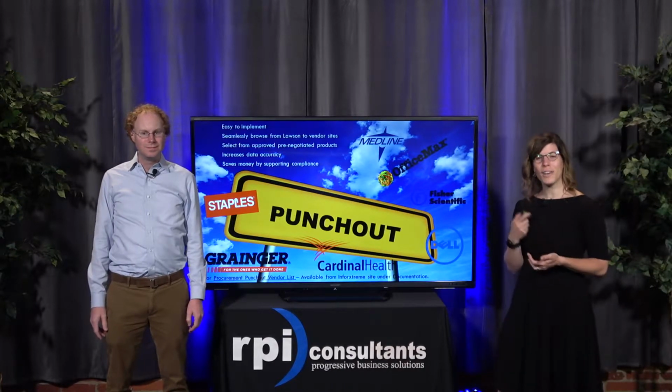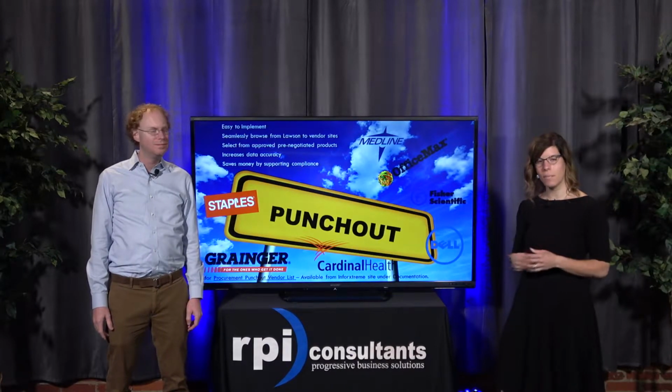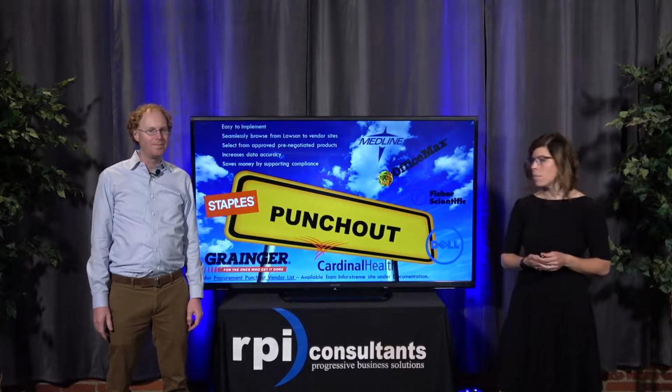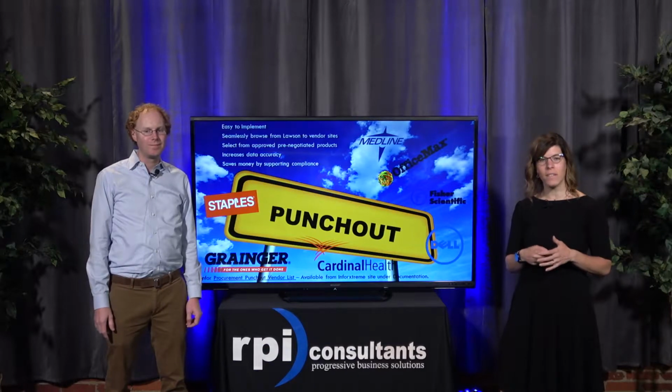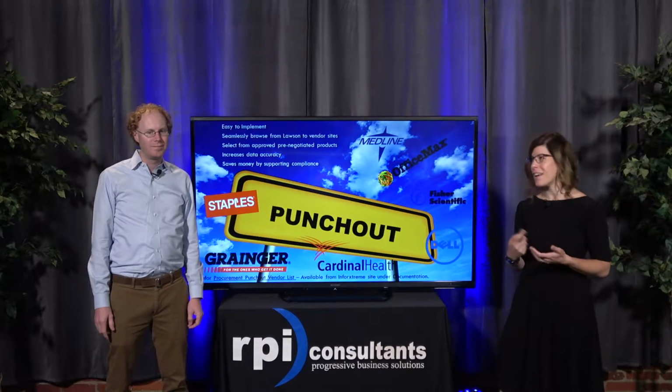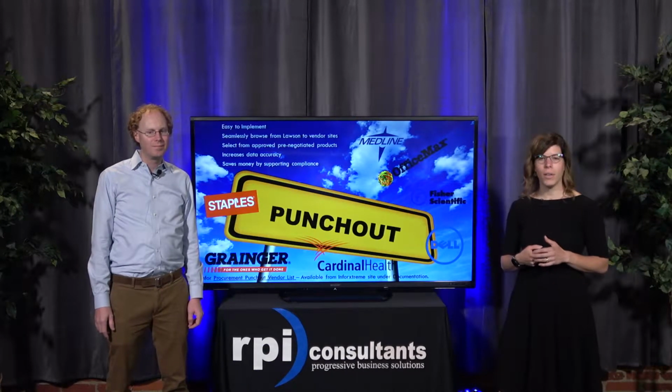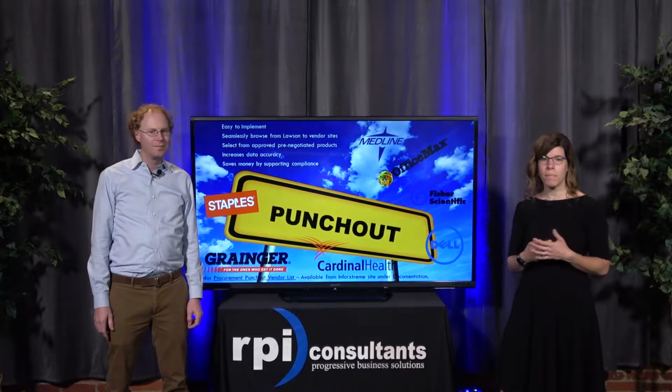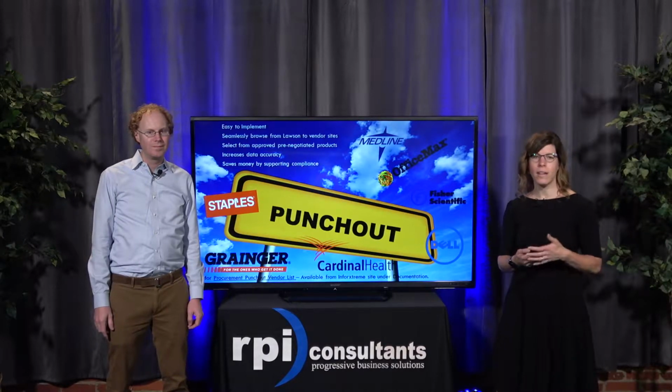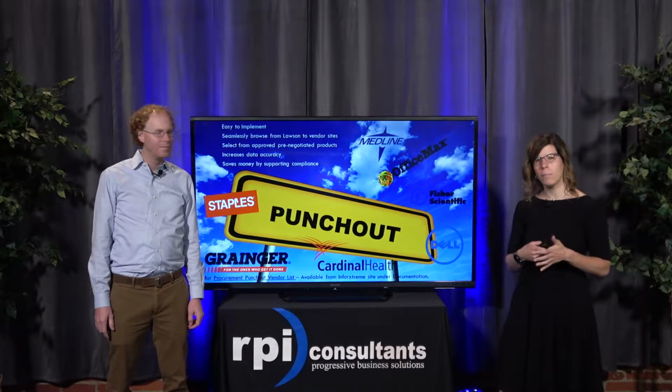The vendors that are approved on vendors' approved lists, there's a whole lot of them. You see a bunch of logos on here. Most popular, I'd say, is Office Supplies, and Grainger's definitely really popular. But you can punch out to Dell's website, basically any vendor that has a cXML website.